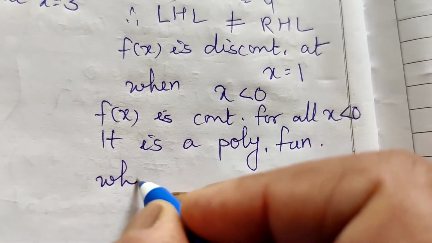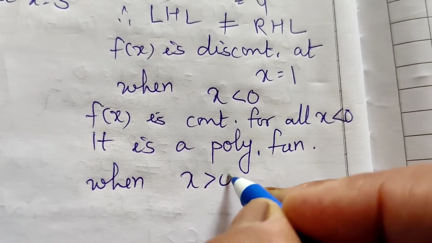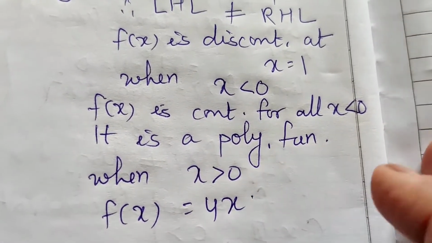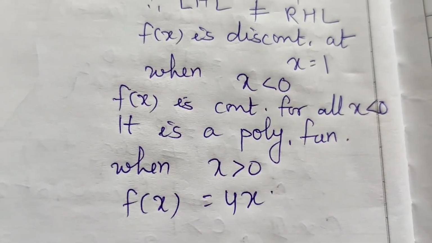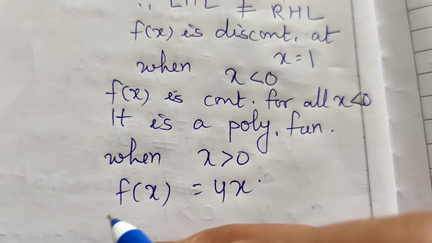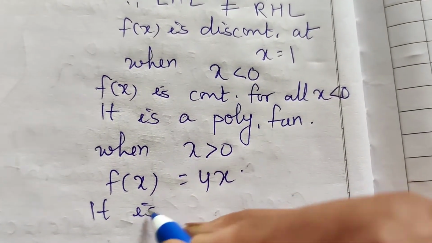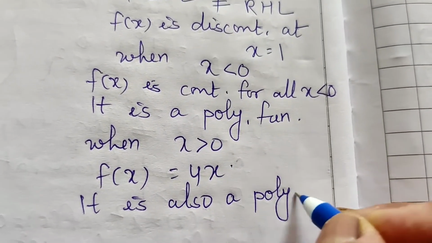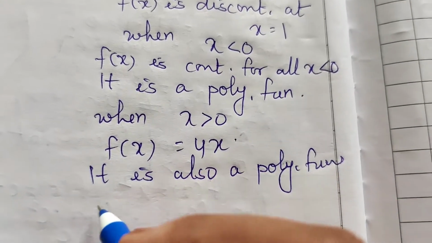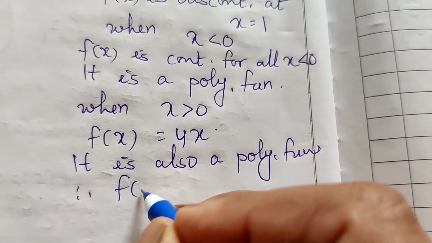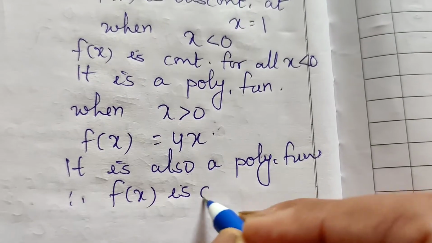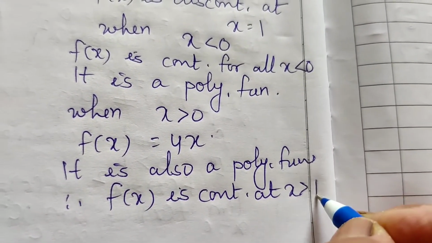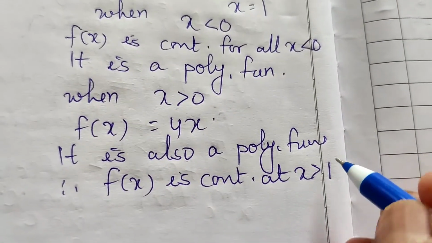And when x is greater than 0, the function value is 4x. It is also a polynomial function. Therefore, f(x) is continuous for x greater than 0.